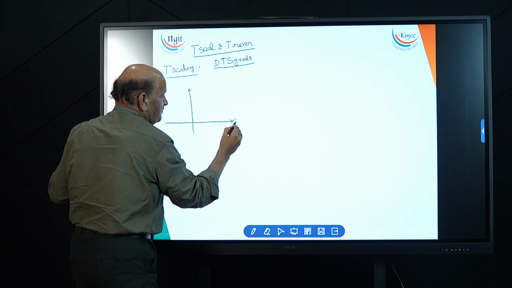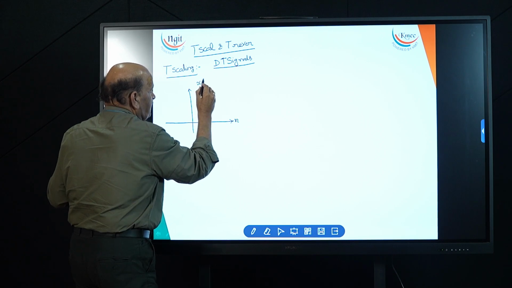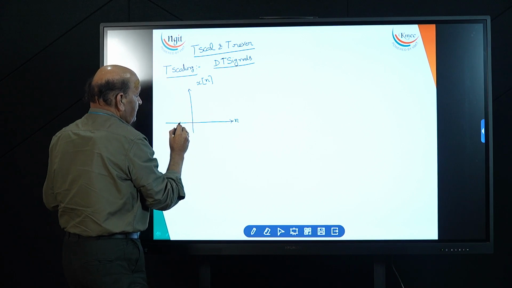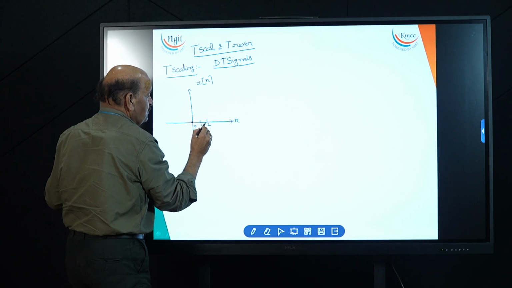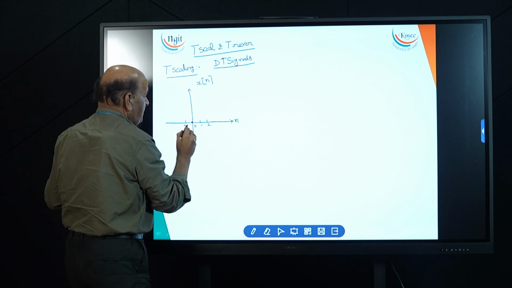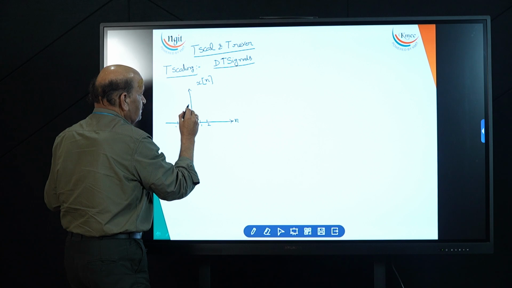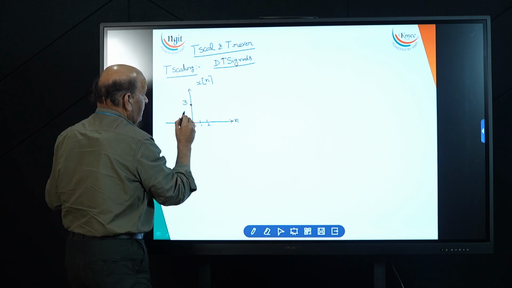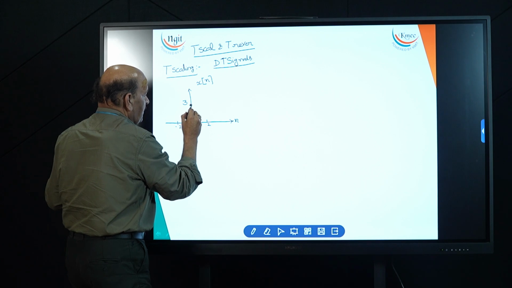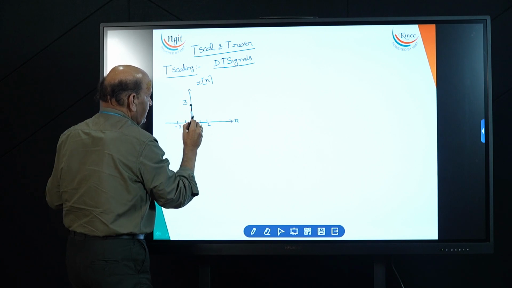This is n, this is x of n. Now this is origin 0, 1, 2. This is minus 1, this is minus 2. This is equal to 3. Now, how to sketch this one?